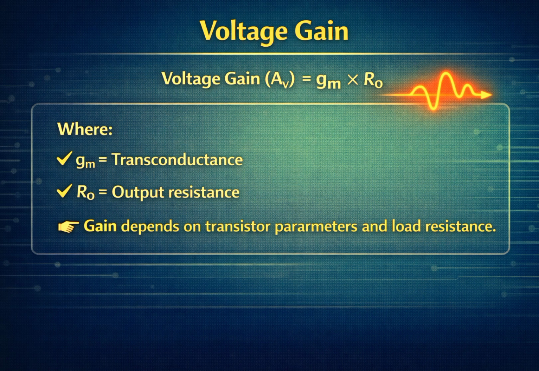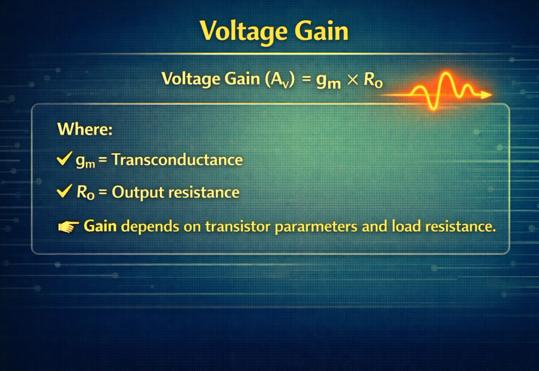Voltage gain. Now let's discuss voltage gain. For a single-stage MOSFET op-amp, voltage gain Av is equal to gm times ro, where gm is equal to transconductance and ro is equal to output resistance. What is gm?